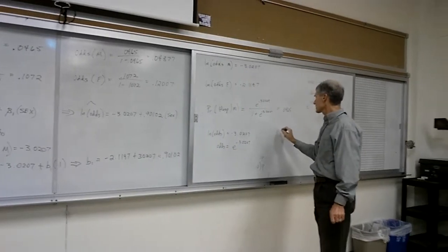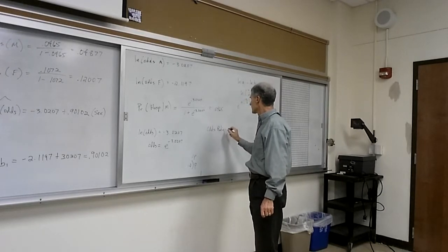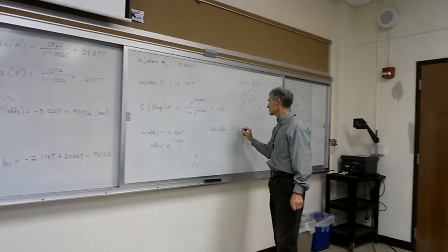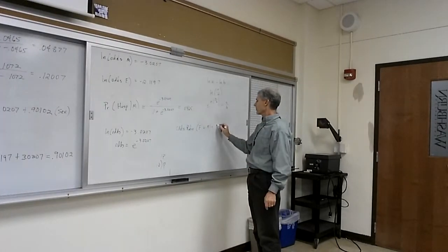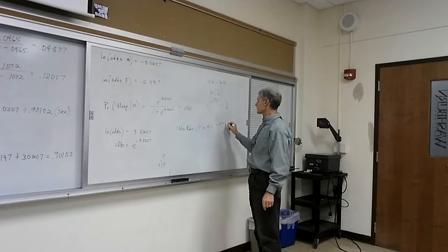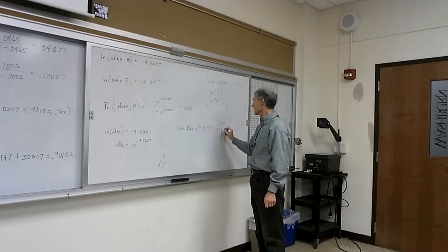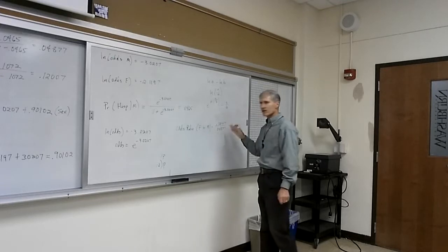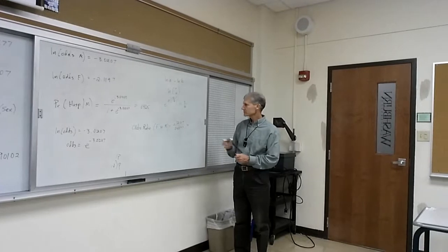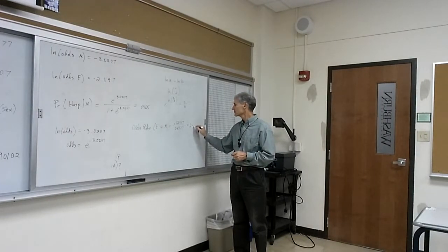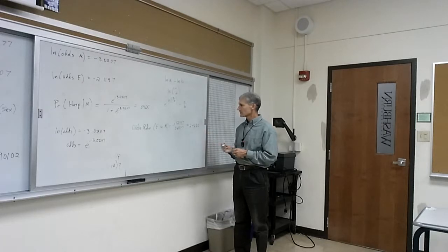Right, so the odds ratio, females to males, is 0.12007 over 0.04877. Do that on your calculator. 2.4620. Okay?